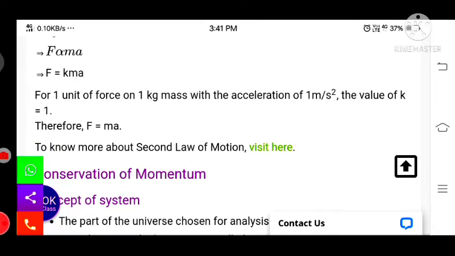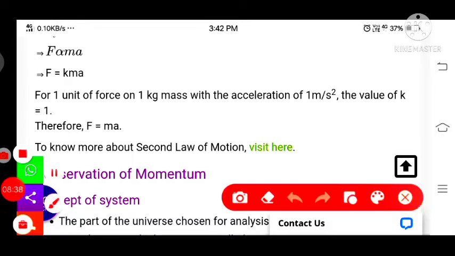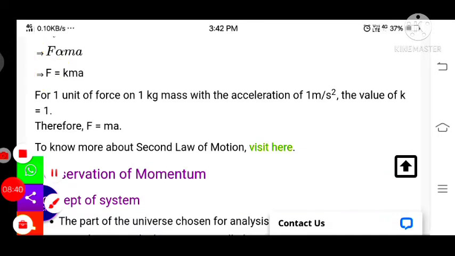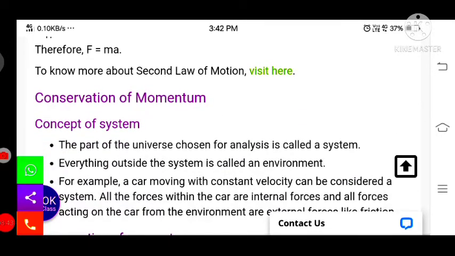The mass is in kilograms, and the k is for the kilogram. So with mass in kilograms and the acceleration of 1 meter per second square, we get 1 unit of F. Therefore F is equal to ma.